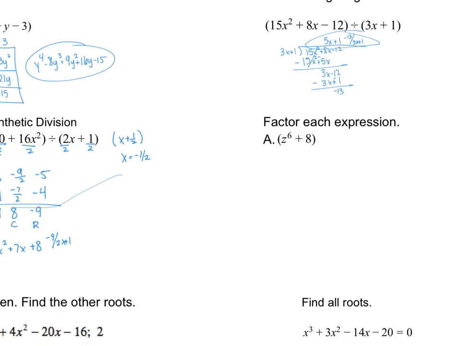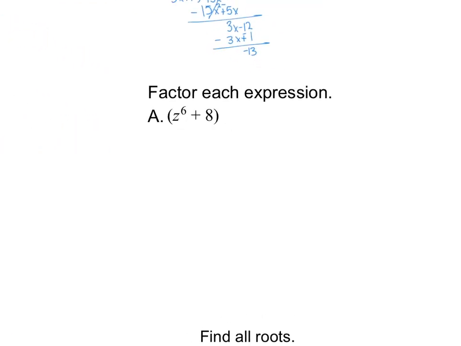All right. Factor each expression. So this is SOAP. So A, same sign, B. A squared, opposite, A times B, always positive, B squared. My A is the cube root of z to the 6, which is z squared. My B is the cube root of 8, which is 2.